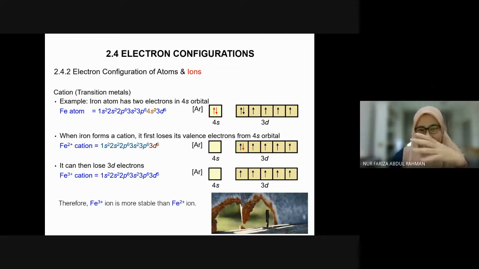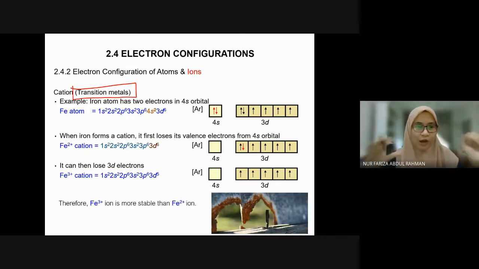Okay, alright, so now let's look at how electrons are removed for transition metals, the issue from earlier. Iron comes from the transition group elements, the D block elements. How do we know? Because it ends with the D orbital.